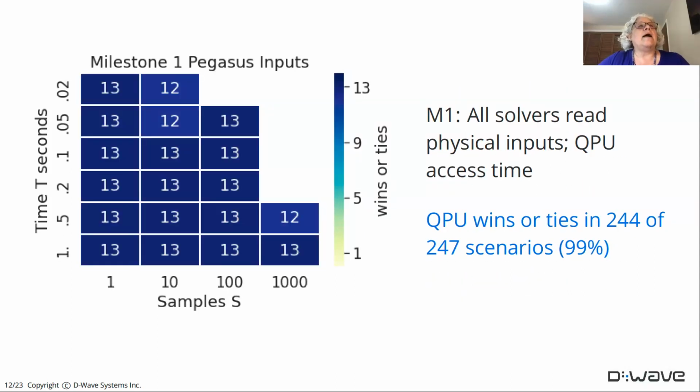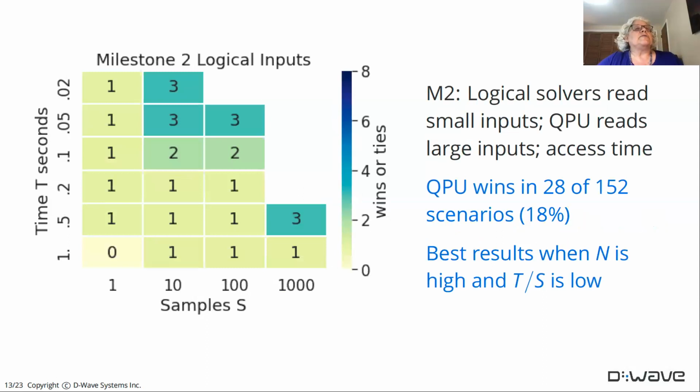Okay, so let me talk about milestone 2 and the logical inputs then. This is milestone 2, and we're only looking at the 8 inputs where we have a classical solver solving the original problem and the quantum solver solving the embedded Pegasus problem. And we ask how many times the QPU won in this case. As you can see, it's not as successful.